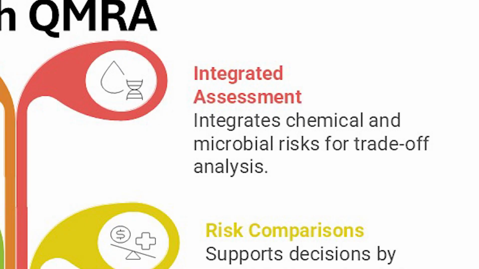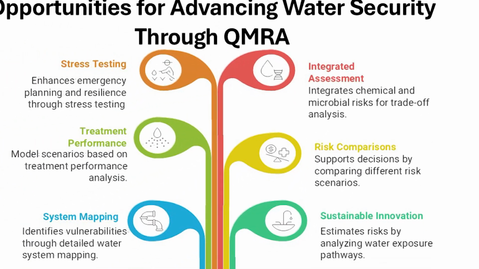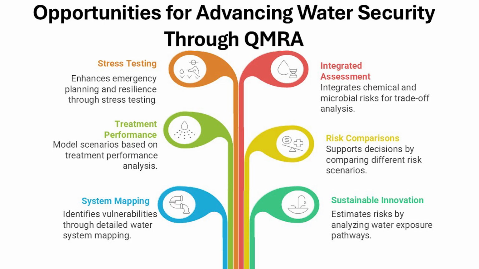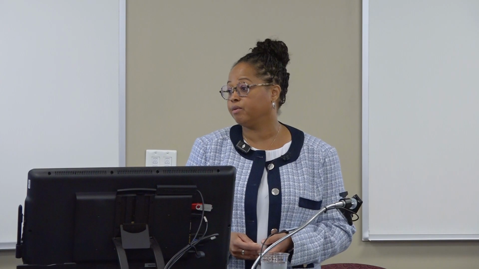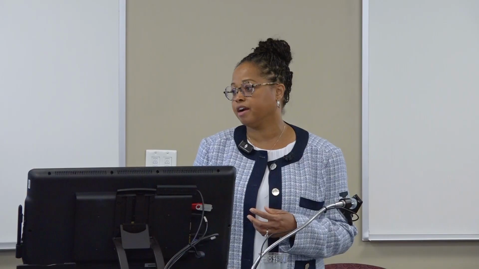And then finally, I'm going to talk about integrated assessment, which really hasn't been fully utilized, but is an approach that we're starting to work on now, where we can integrate both risk associated with microbes and with chemicals. And you can think of antimicrobial resistance as maybe one of those challenging areas where we have both chemicals and microbes, and we have to balance those risks.